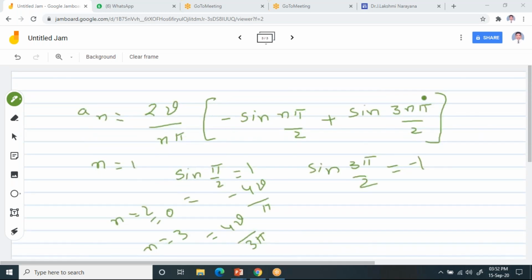Now when n equal to 5, it becomes sine 5 pi by 2 and it becomes sine 15 pi by 2.